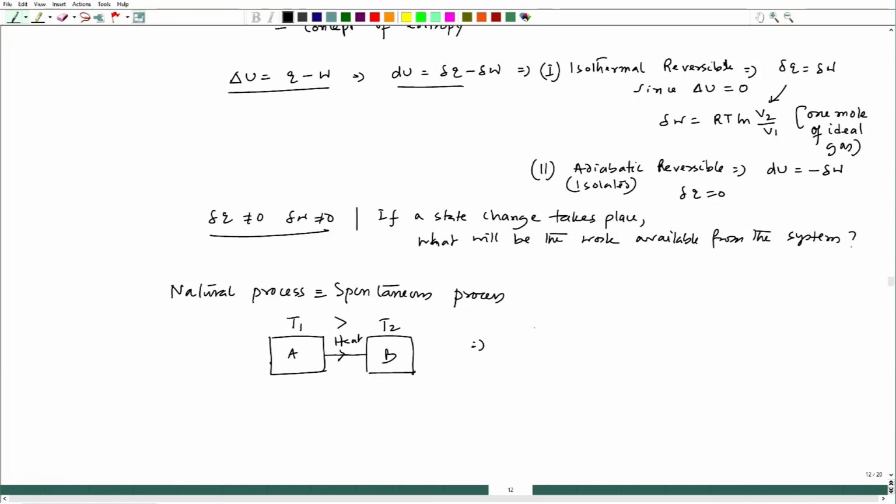So, the natural process is also spontaneous, because I could see heat can spontaneously go from a higher temperature to lower temperature. So, this is basically under non-equilibrium condition, I can write that way.